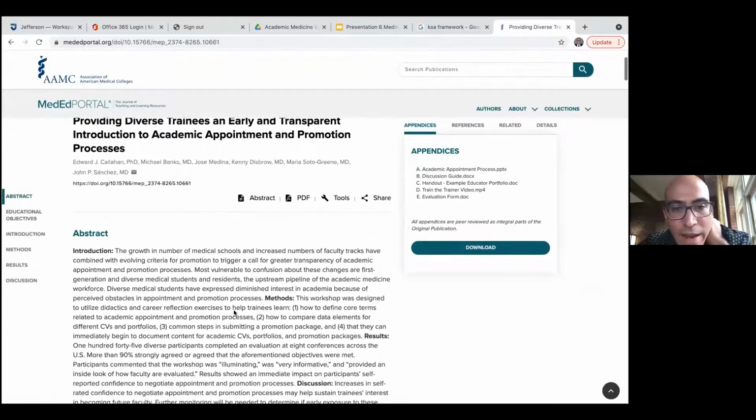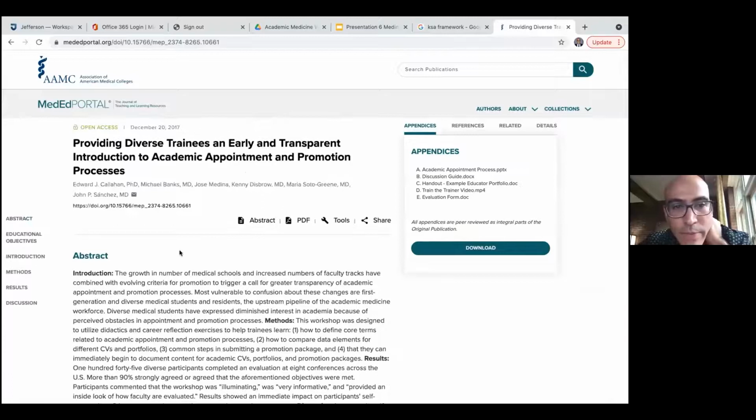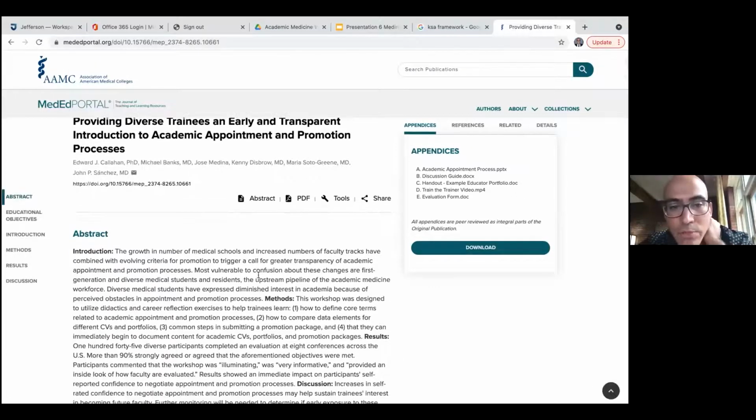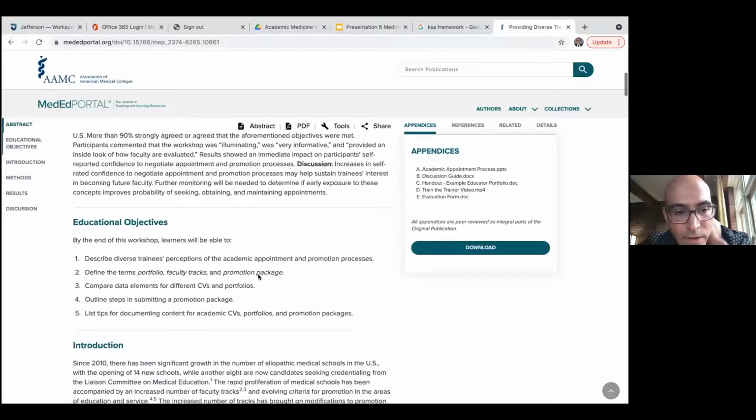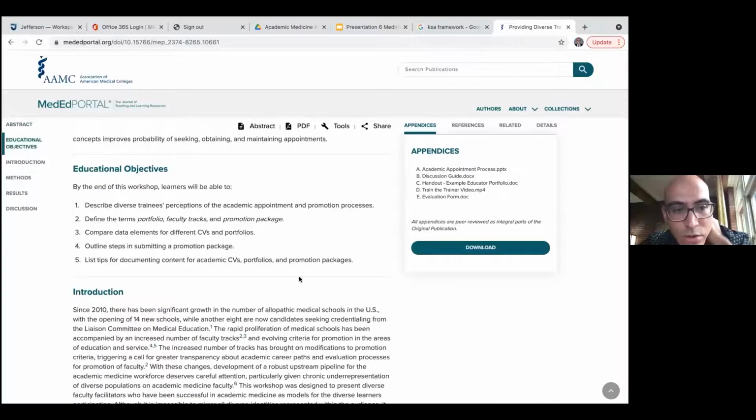Essentially it was a module in which we were making it clear to members of the audience who were pre-faculty members, whether they be medical students or residents, what the academic appointment and promotion process consisted of. Some of our educational objectives are listed here.